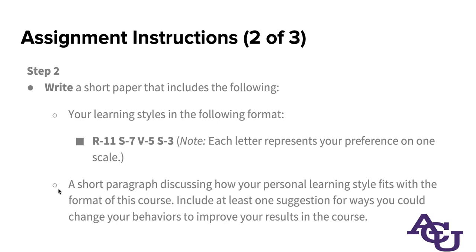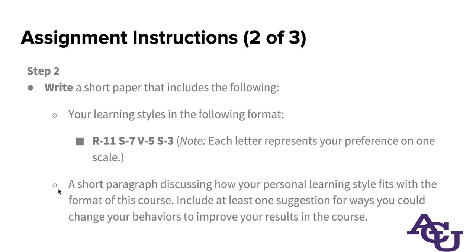All right, and then the main part, write a short paper that includes reporting your learning styles. We're going to come back to that in a moment. And to include a short paragraph just about how your personal learning style fits with the format of the course, including at least one suggestion for ways you could change your behaviors to improve your results in the course.